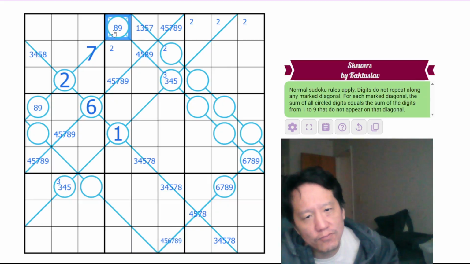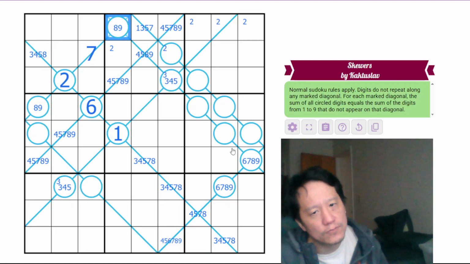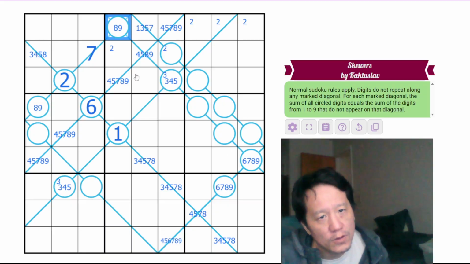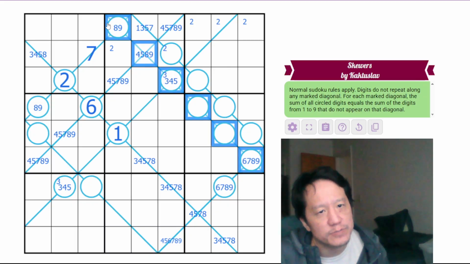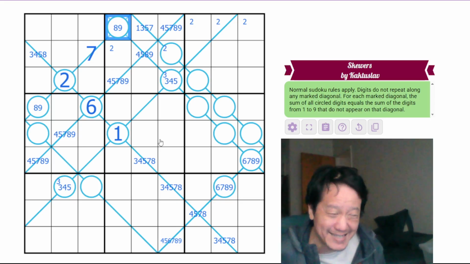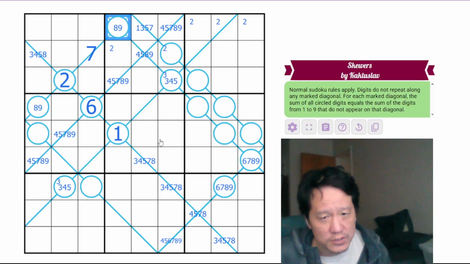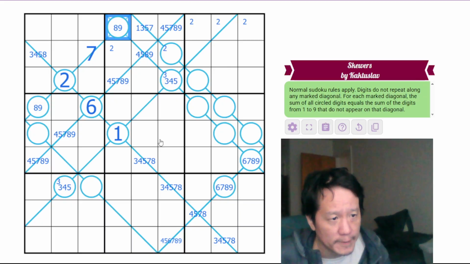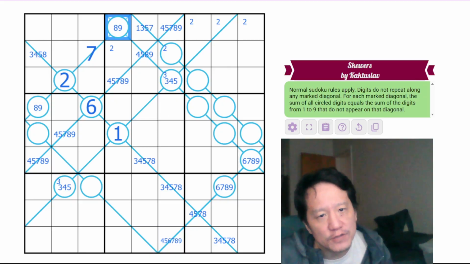One of them, not outside the line, is guaranteed to be 8 or 9. That means you can have at most 6, 7, 9, which is a sum of 22. But you can't even have that. If this were 6, 7, 9, that's missing, then you would be missing this. You can't have 2 digits there.